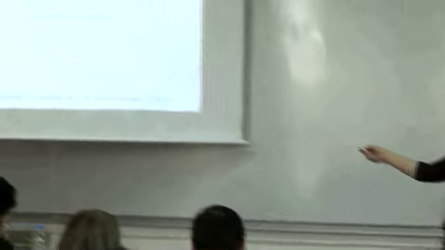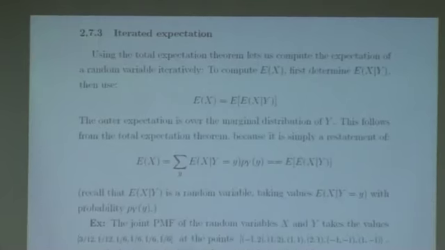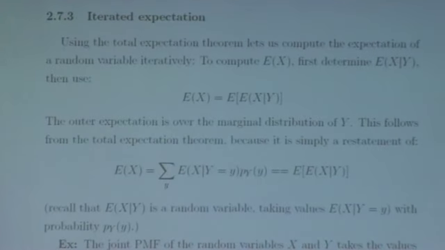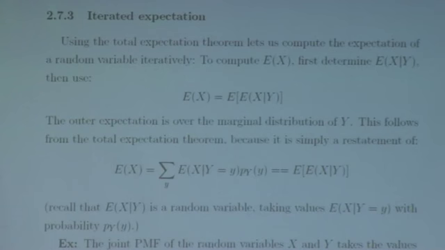Expected value of x given y. X is a random variable, y is a random variable defined on the same probability space as x.